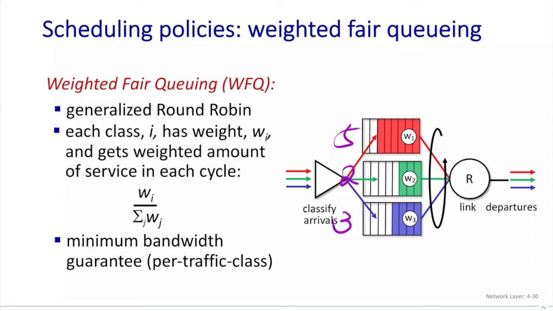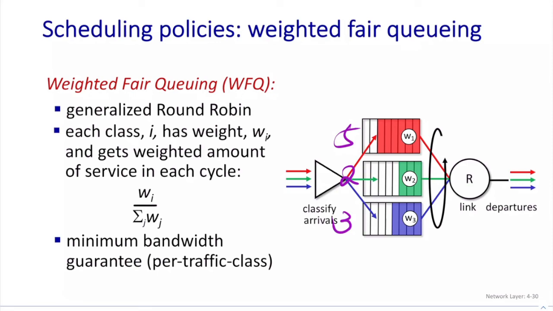So the server will send, for example, 5 red, 2 green, and 3 purple packets. In the long term, the amount of packets would be very close to the weights 5, 2, and 3. And of course, if you don't have any green packet, you simply send 5 red and 3 purple, 5 red, 3 purple, and so on and so forth.